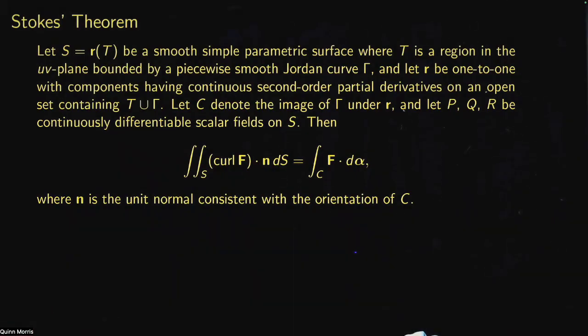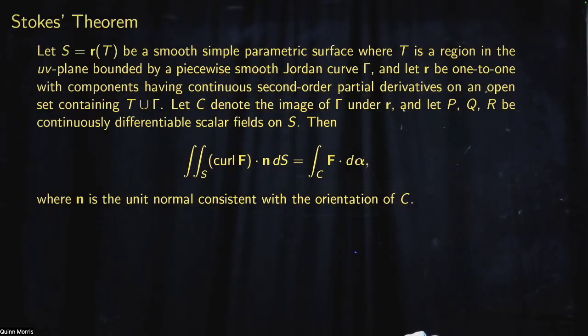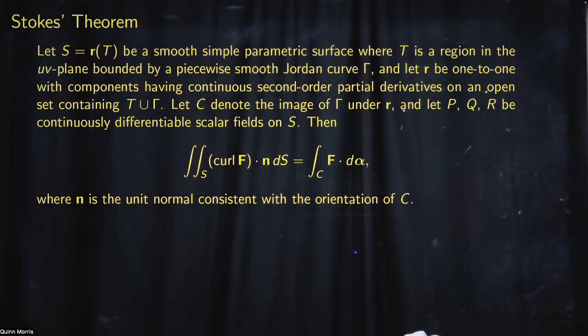So let S be a smooth, simple parametric surface. It's going to be parameterized by R of t, where t is some region in the UV plane bounded by a piecewise smooth Jordan curve. Now, I'll tell you in just a second what Jordan means, but it's a piecewise smooth Jordan curve, which we'll call gamma.